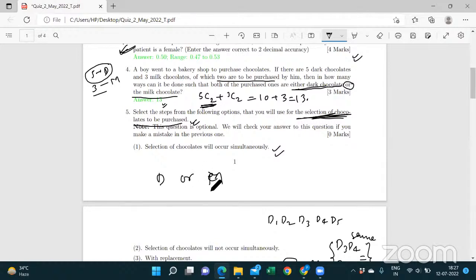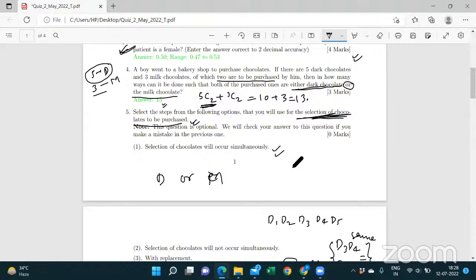Okay. Sir, if it is one after the other, can we say that it is not simultaneous? No. See, what is the meaning of one after the other? Suppose first selection of dark chocolate followed by milk chocolate, then it's simultaneous.